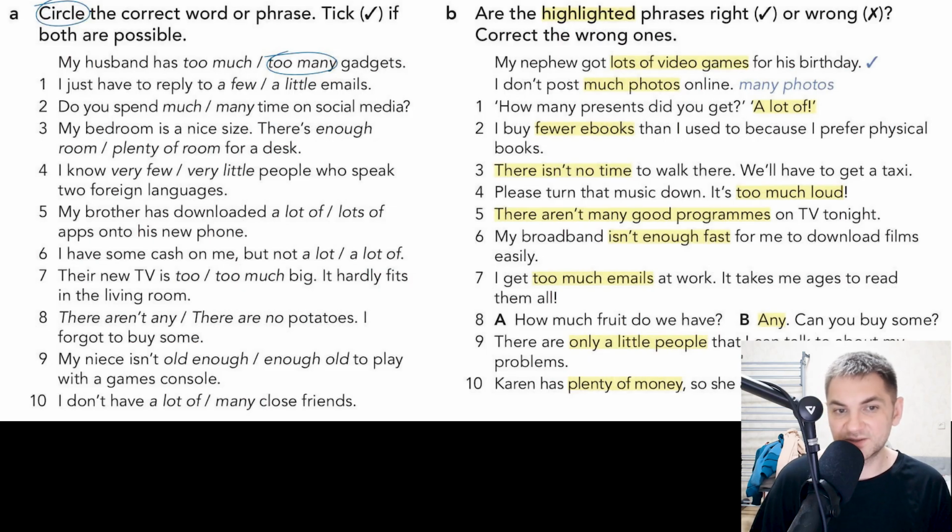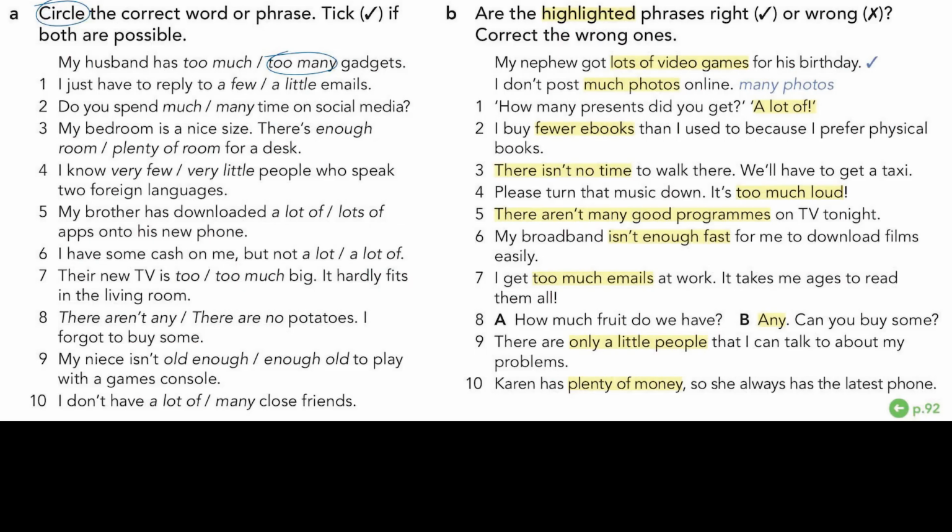But the next example, I don't post much photos online. This is wrong. The correct version is I don't post many photos online because photos is a plural countable noun. Read each sentence carefully, think about quantifiers like much, many, lot of, enough, too much, and too many. These will help you find the mistakes. Good luck, do it, then check.